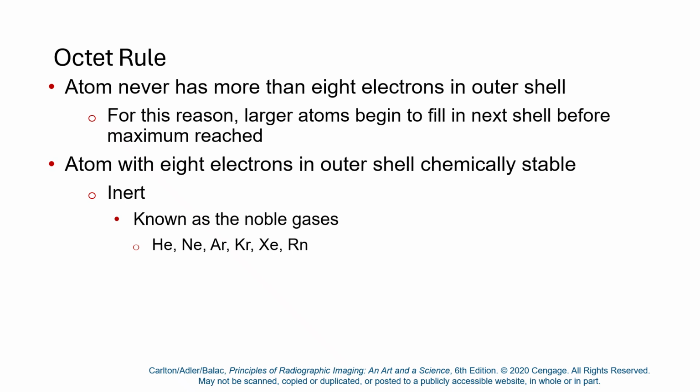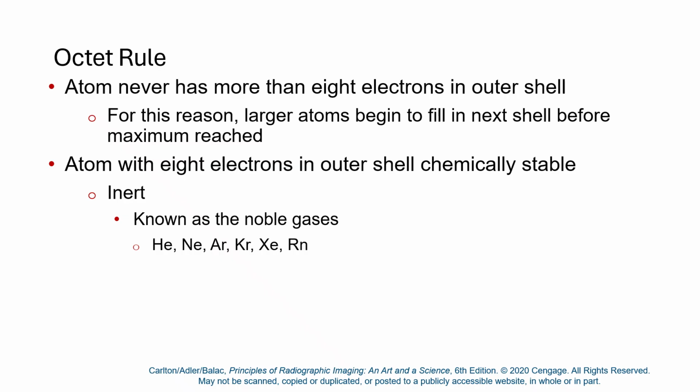Atoms with 8 electrons in the outer shell are typically chemically stable and inert. This is over on the far right-hand column of the periodic table. This group, I think it's group 8 or family 8, depending upon how the columns are labeled.